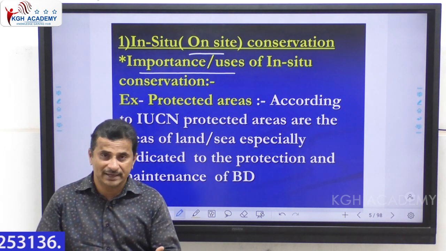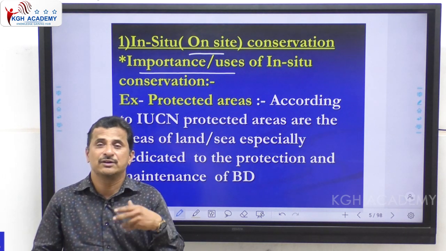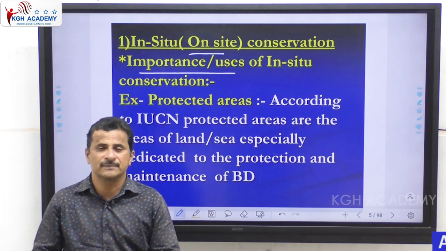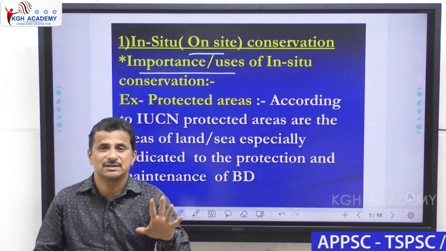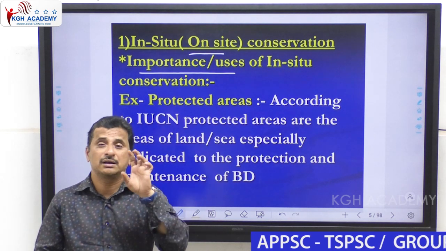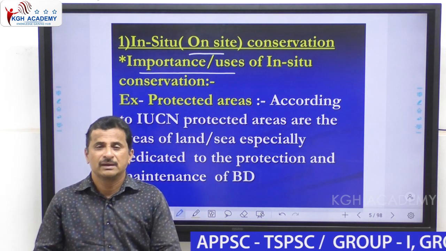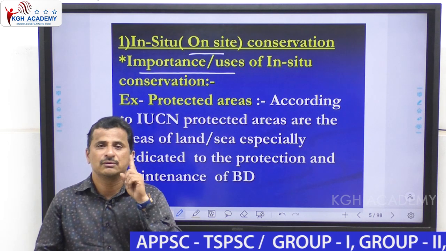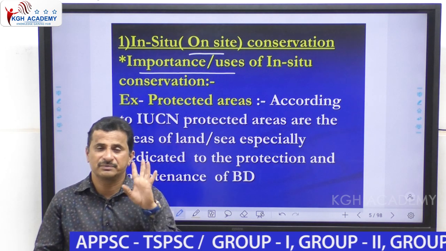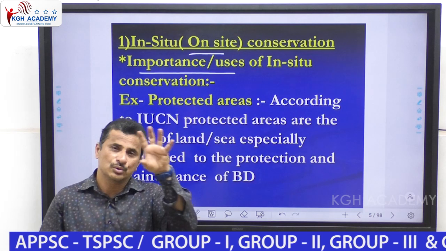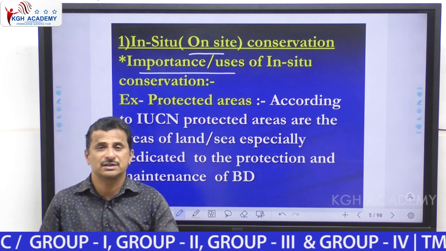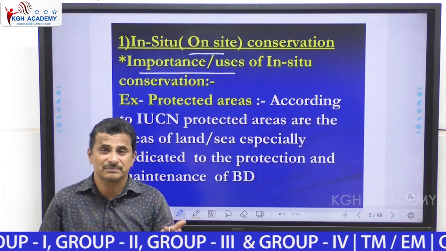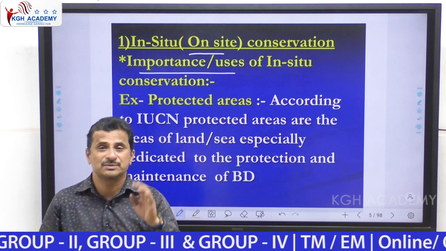But wildlife biologists and scientists first give preference to in-situ conservation, because the total ecosystem is protected and protection of all organisms is possible. In ex-situ conservation, only one or two organisms are conserved, but in in-situ conservation, protection of the total ecosystem, all types of organisms, ecosystem balance and maintenance is possible.